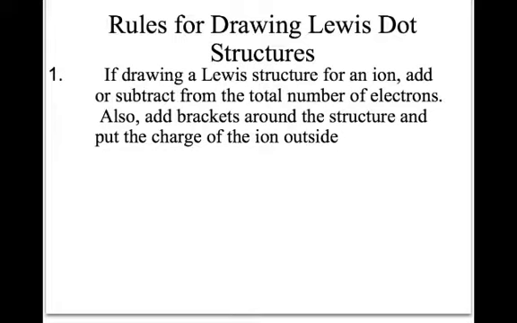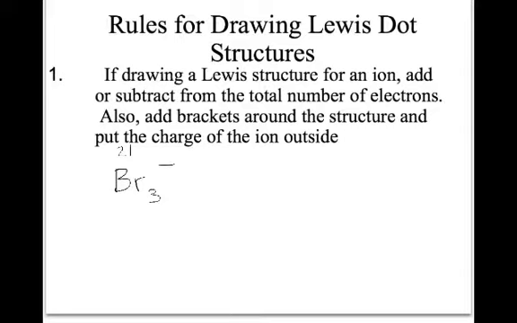The last rule that we're going to talk about for drawing Lewis structures is if you're drawing a Lewis structure for an ion, you have to add or subtract from the total number of electrons. Also, you want to add brackets around the structure and put the charge of the ion outside of the brackets. So, for example, if we're talking about the ion Br3-, we know that each bromine has 7 valence electrons, and since there are 3 of them, there will be 21 total.